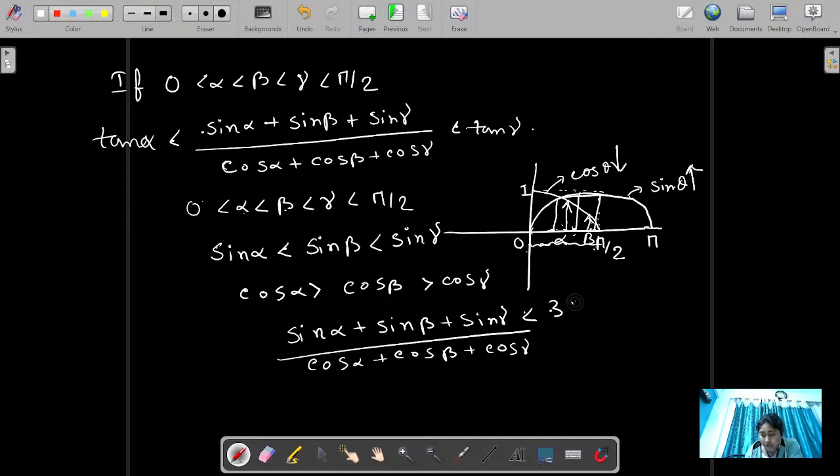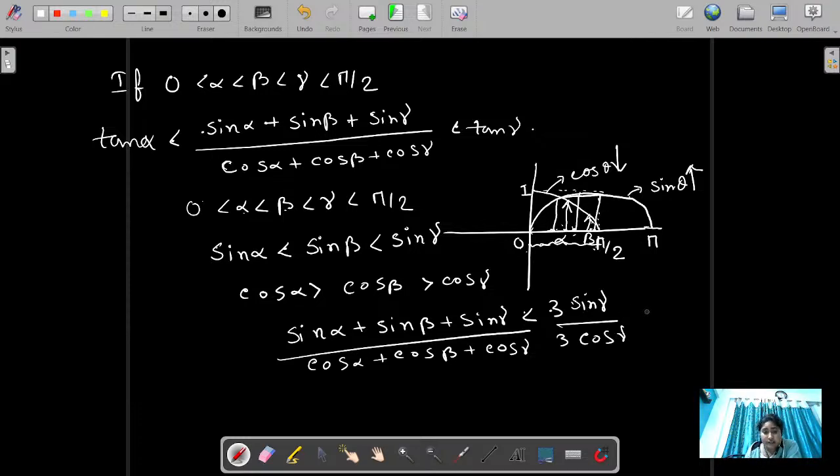So this will be less than sine gamma by cos gamma.